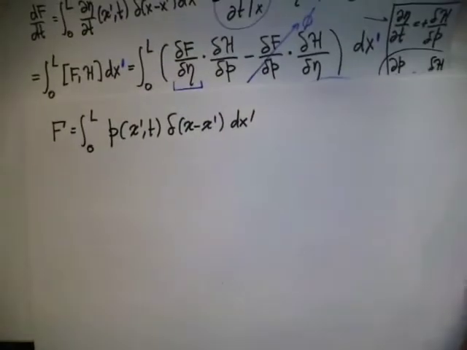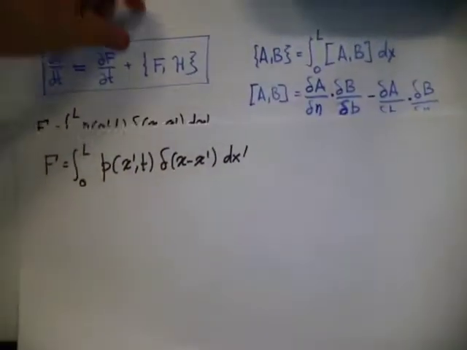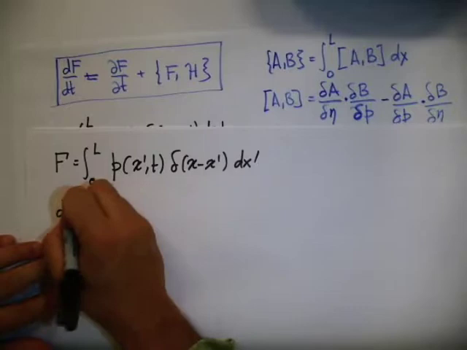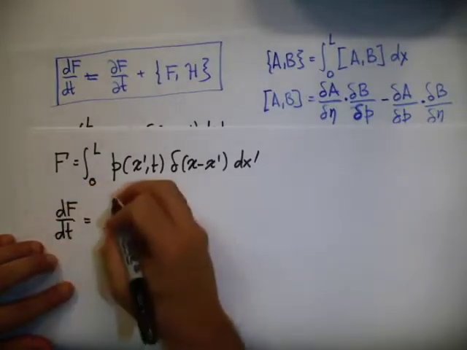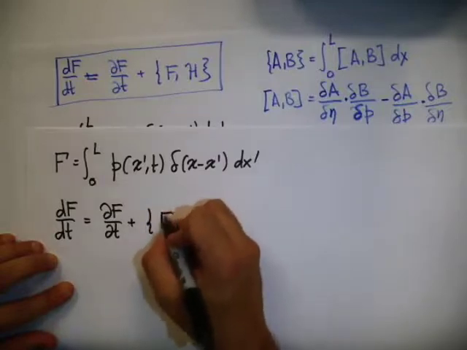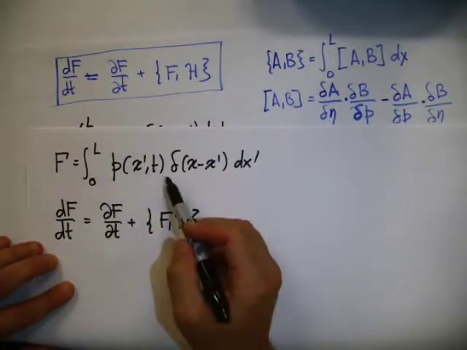With this observable we can redo the same calculations. So let me keep this expression here. Let's first compute df dt equal to the partial of f with respect to t plus the bracket between f and h. There is no extrinsic dependence on time, so this term is 0.